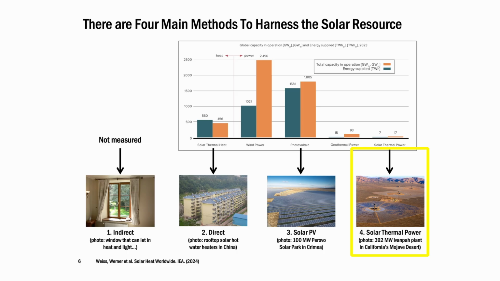And then the fourth method is solar thermal electric, which is also known as concentrating solar power, or CSP. And CSP uses mirrors or other types of reflectors to reflect sunlight on a centralized area to generate heat, to heat up water, to generate steam, to turn a steam turbine, and generate electricity.